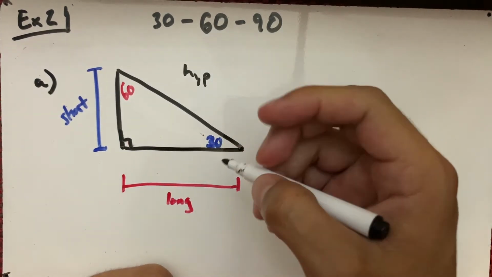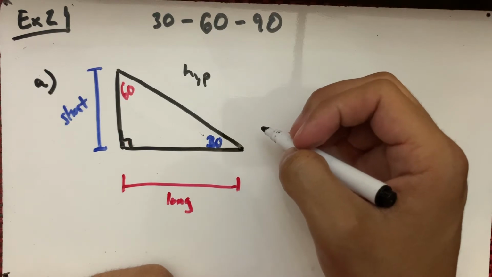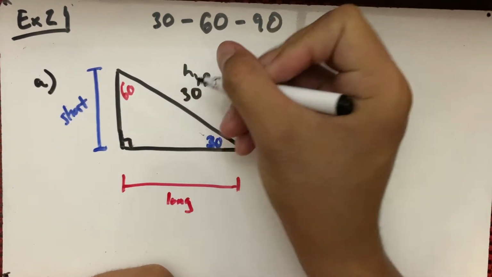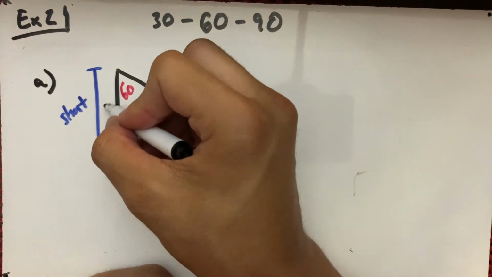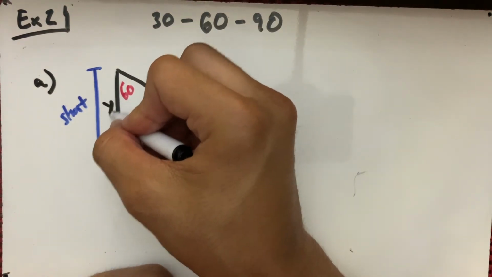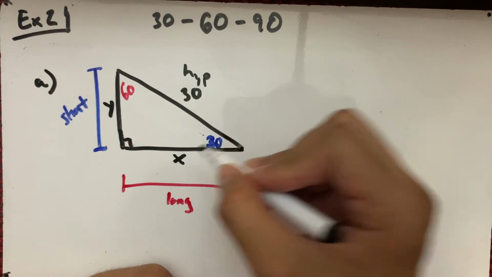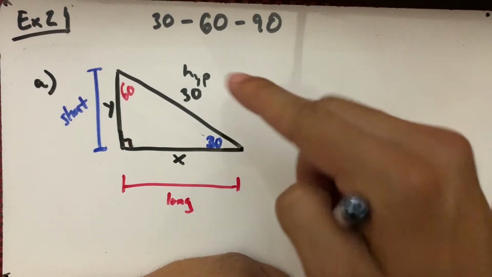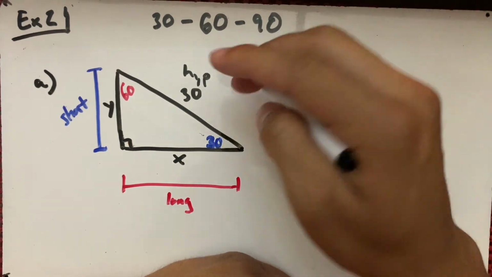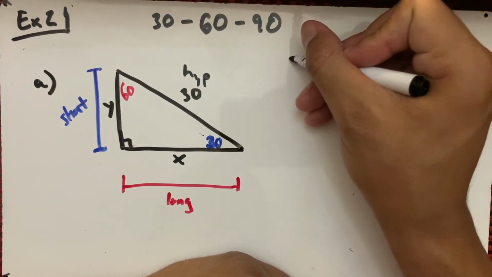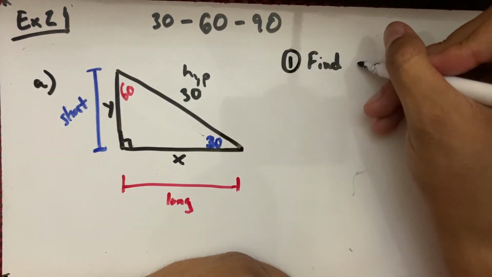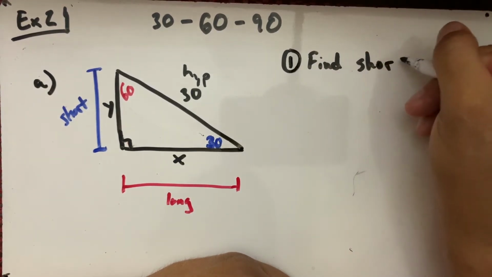Now, in this example, they give us that the hypotenuse is 30. And we have to solve for y and x. All right. So the key to all this 30, 60, 90 business is, step 1, I guess, find the short side.